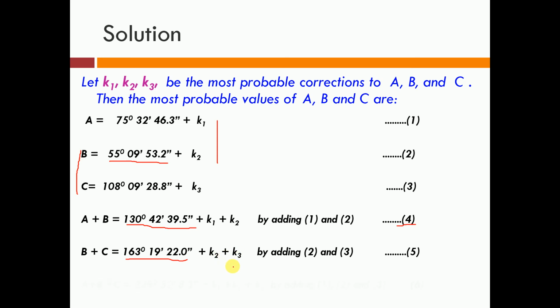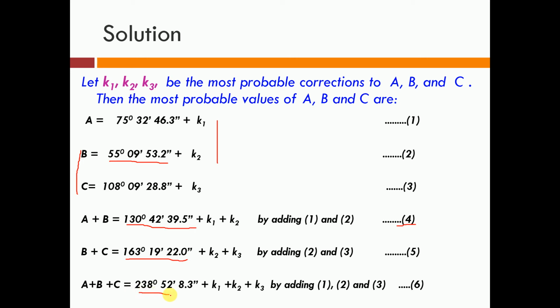Then the third is A plus B plus C. This value is nothing but the summation of A, B and C. By adding these three values we get 238 degrees 52 minutes 8.3 seconds plus K1 plus K2 plus K3. Here I have clearly mentioned this is by adding equation 1, equation 2 and equation 3.